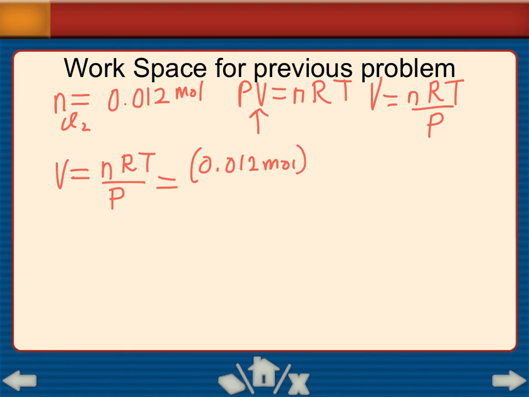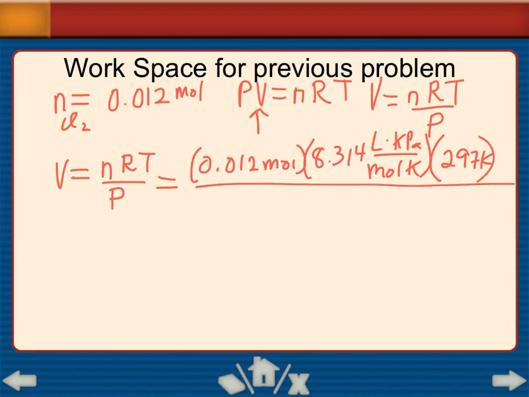The pressure was given in kilopascals, so we're going to use a value of R, which is 8.314 liter kilopascals per mole Kelvin, times T, which was 297 Kelvin, all over the pressure, which was given as 99.2 kilopascals.